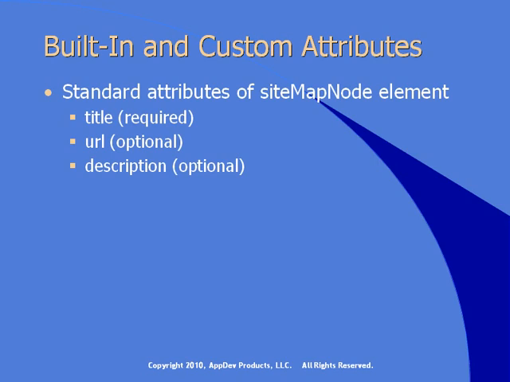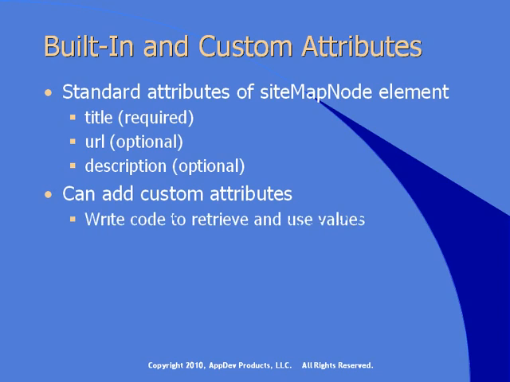And you'll see that the navigation controls show a tooltip of bunny for the rabbit page. You can also add any custom attributes to the 3 standard attributes. Then you can write code to retrieve and use the values, as we demonstrate a little bit later in this section, for the custom sound attribute that identifies the sound that each of the animals makes.